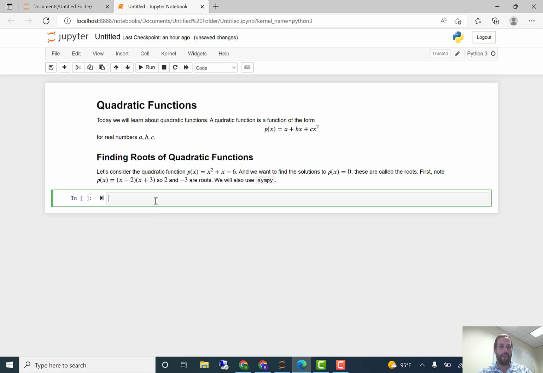Okay, so now I'm going to use Sympy. To start off, I'm going to do import sympy as sp. Then all of the functions and variables within Sympy, we're going to have to write as sp dot something. If you go to my webpage, I linked to my differential equations class.